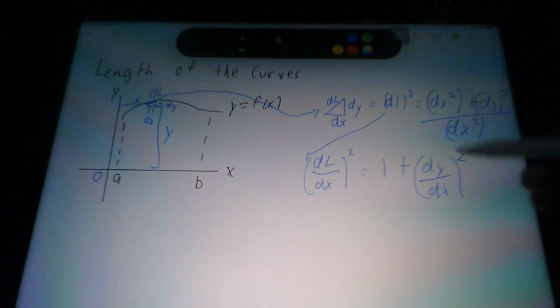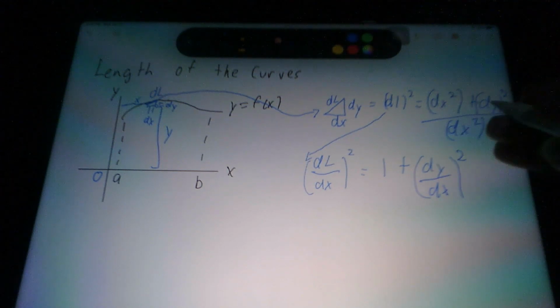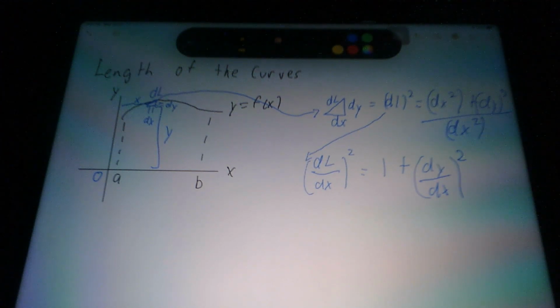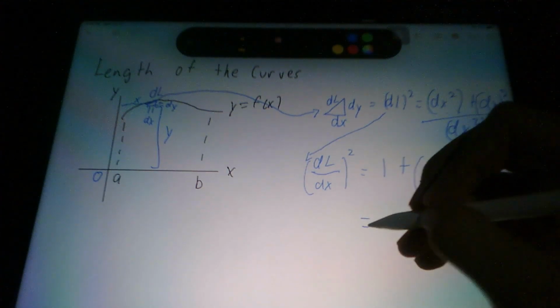So guys, do you remember dy over dx? Yes, that is called our derivative, or our y prime. Let's rename this as y prime.